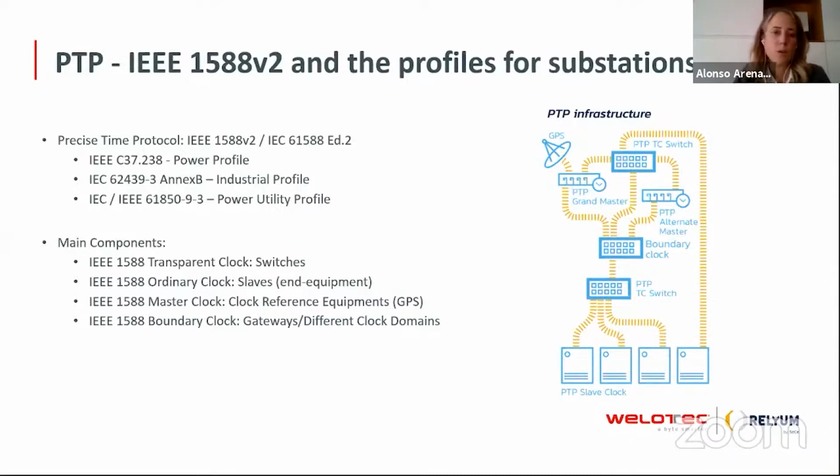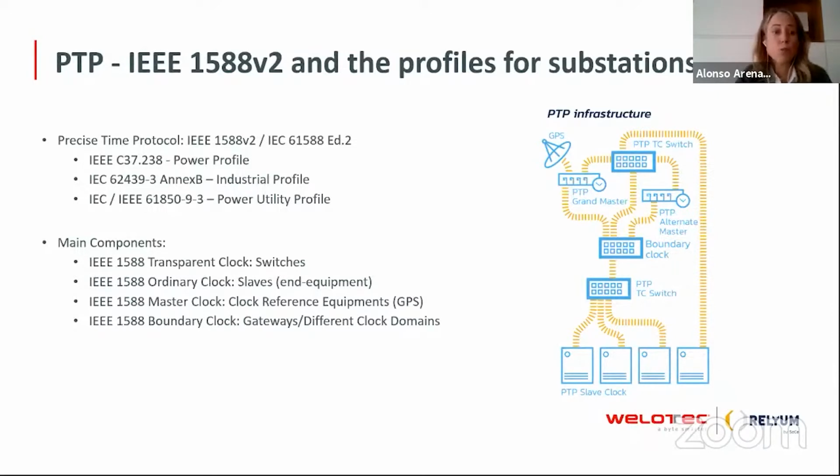So which are the main components of this standard? We have the transparent clock mechanism that is implemented in the switches, and it's implemented for correcting the time references in the switches. This mechanism takes into account the transmission time and the switching time to correct the time reference that is transmitted in the network. Also, we have ordinary clocks that are implemented in the slaves, that is, in the end equipment.